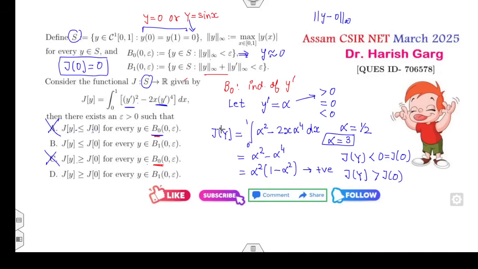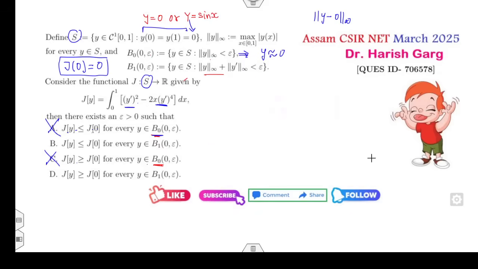Is it okay? Now let's talk about B1. What is the meaning of B1? That means y is approximately 0 and y dash is also 0. So alpha is approximately 0. If I choose y dash to be alpha, what answer did we get when we integrated it just now?